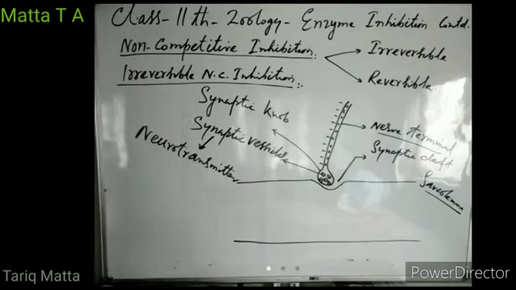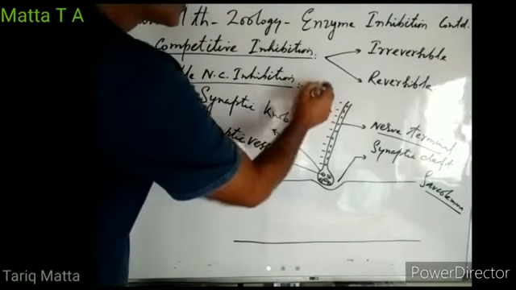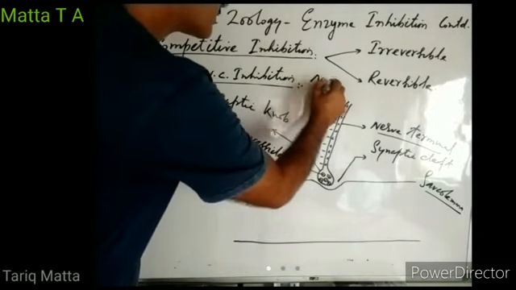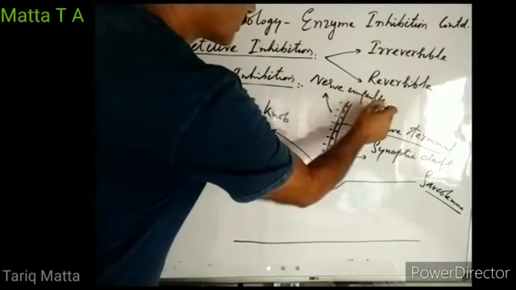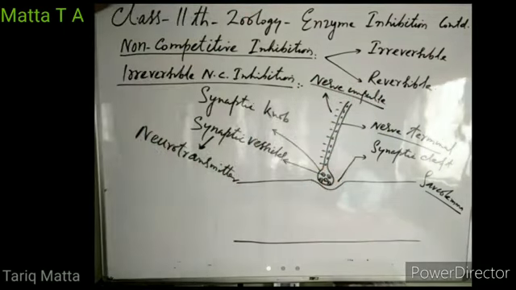So when a nerve impulse reaches this synaptic knob, how do we define a nerve impulse? We define a nerve impulse as a wave of depolarization traveling along the length of a nerve fiber, right?